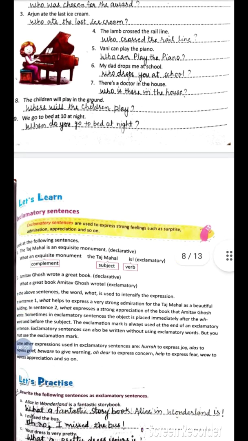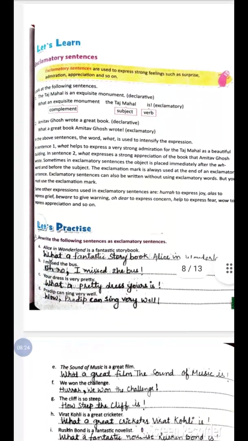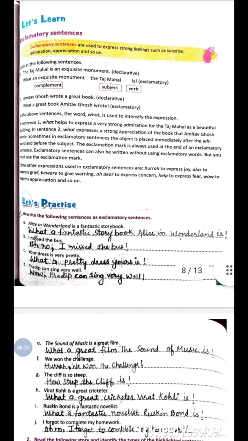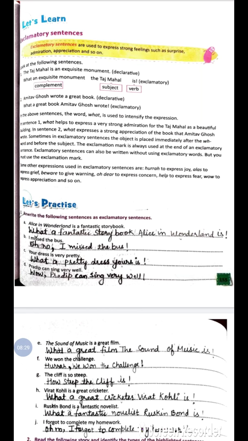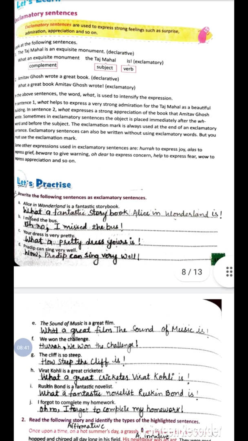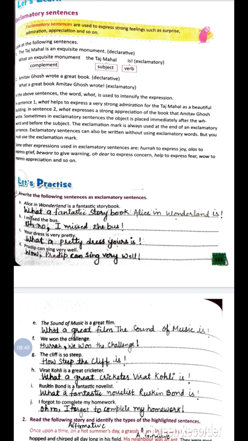Now the next part is exclamatory sentences. Exclamatory sentences are used to express strong feelings. What are the strong feelings? Such as surprise, admiration, appreciation, and so on. Okay. Some examples are: the Taj Mahal is an exquisite monument.